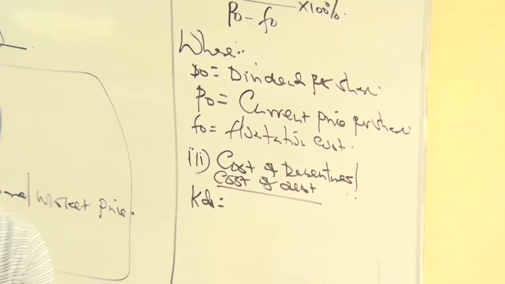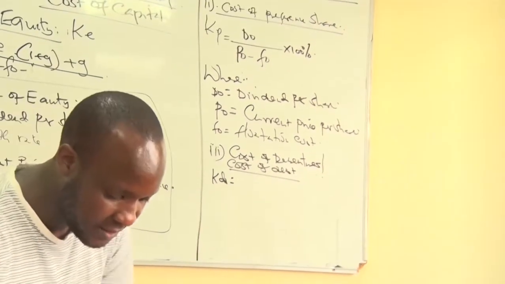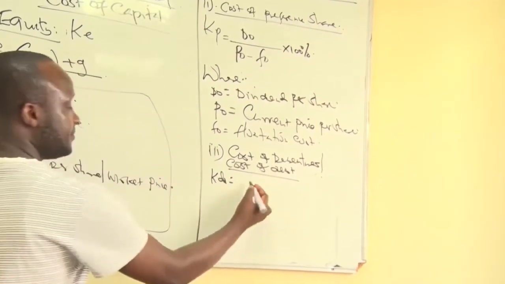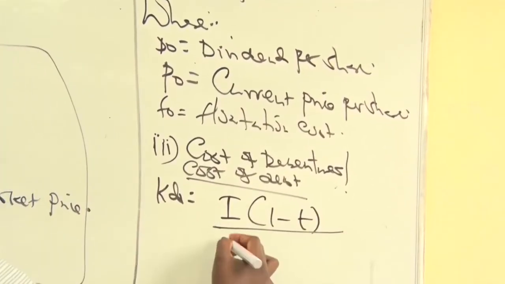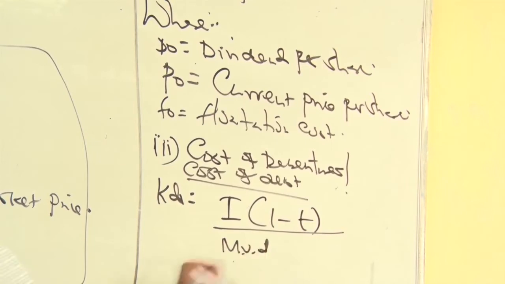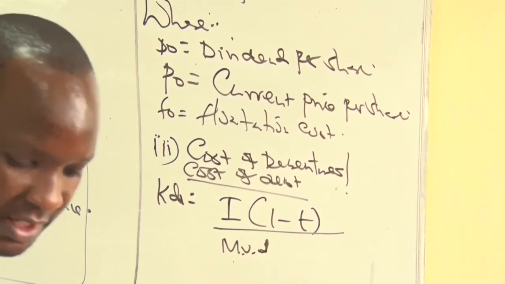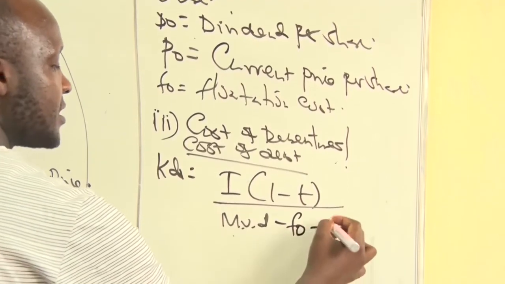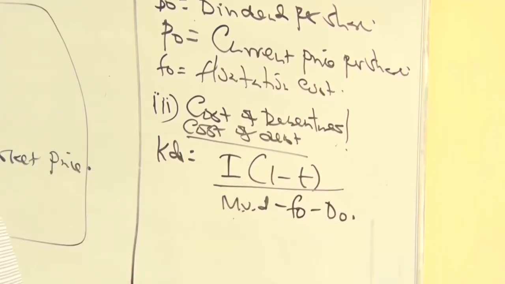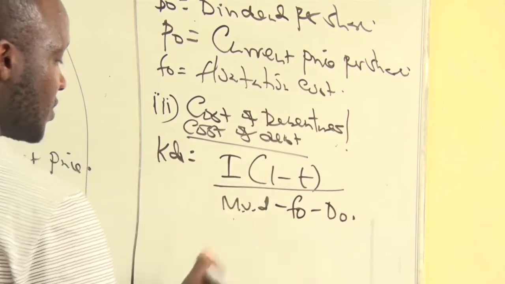The cost of debt is the interest into 1 minus T all over the market price of debt, minus the flotation cost if it is there, minus the discount.